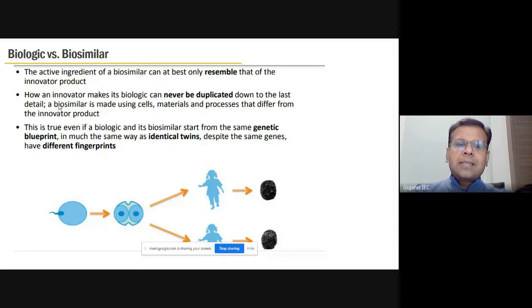Likewise, even if you start off with the same material, the process would be slightly different, and that would give a different output altogether. That's how we differentiate a biologic from a biosimilar. You are almost there, but still you are different.